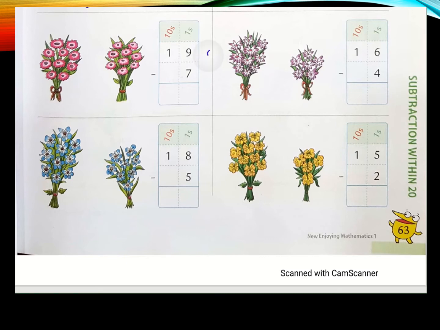There are 19 flowers and minus 7. So 1, 2, 3, 4, 5, 6, 7. How many are left? This whole bunch has 10, 11, 12. So 12.